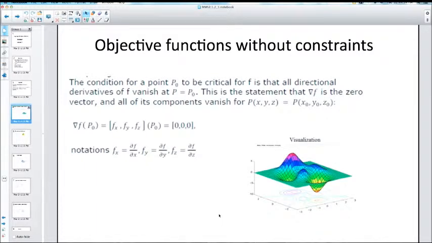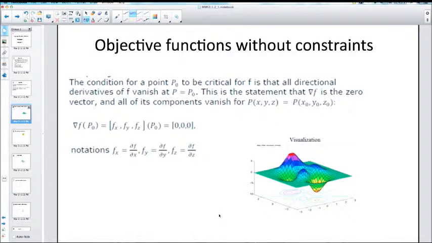So back to the simplest example. If I have an objective function, as you see from this picture, the height is what we'll try to maximize. Then you can clearly visualize that red point.